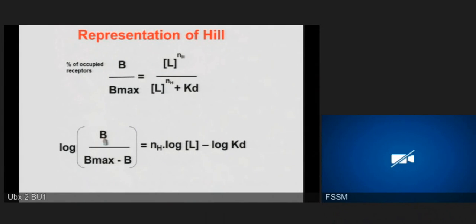And you have this relationship. Again, you can play and go from there to there, but I'm not expecting this. And you can have at the end log of B on B max minus B. This is just to get a linearization, equals NH times log of L minus log KD.